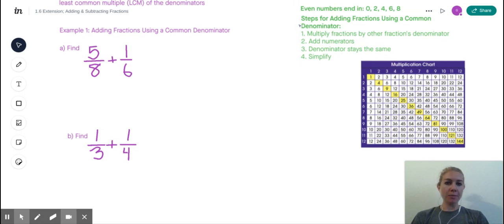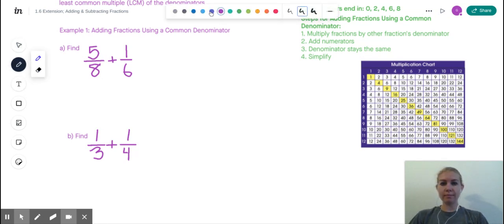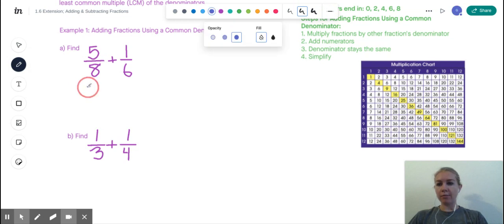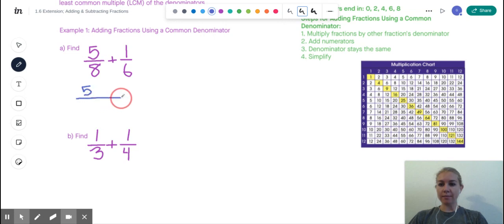Okay, so steps for adding fractions using a common denominator. Step 1 is we're going to multiply fractions by the other fraction's denominator. I'm just going to rewrite down below here. Our first fraction is 5/8, and we're going to multiply both the numerator, the top number, and the denominator by the other fraction's denominator, which in this case is 6.